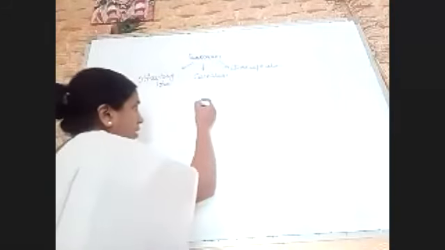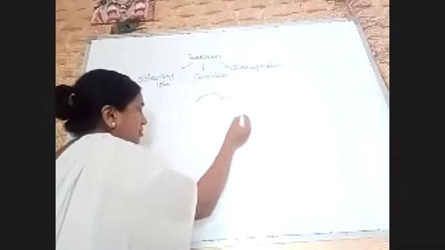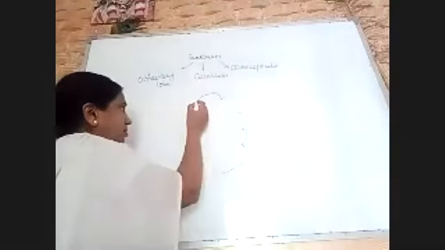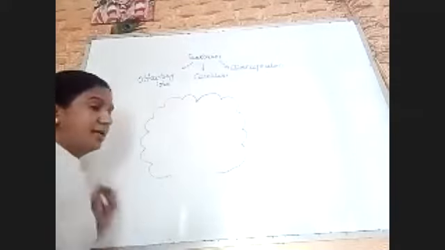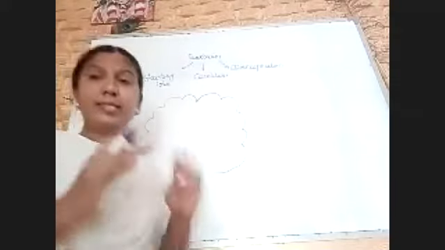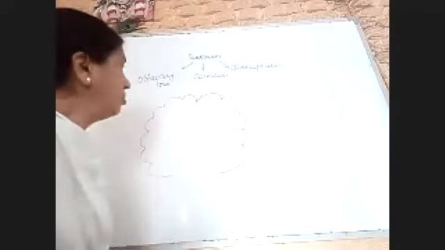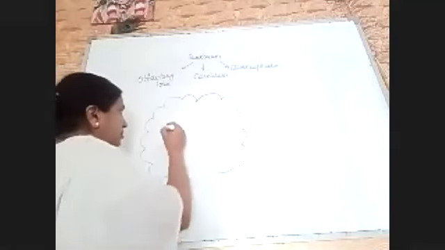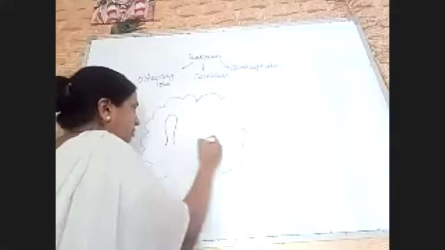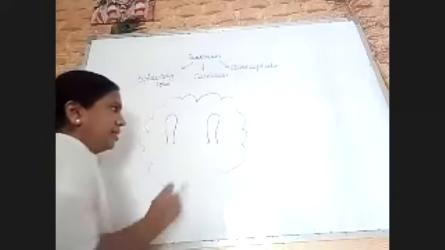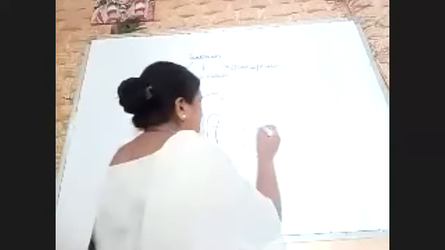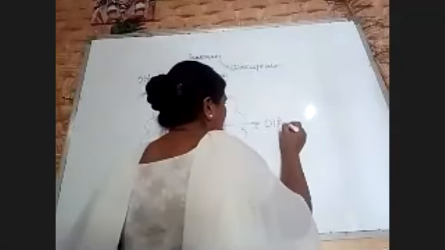Olfactory lobe, if we see from the ventral side, we will see that a pair of lobes is present. This pair of lobes is nothing but the olfactory lobe.